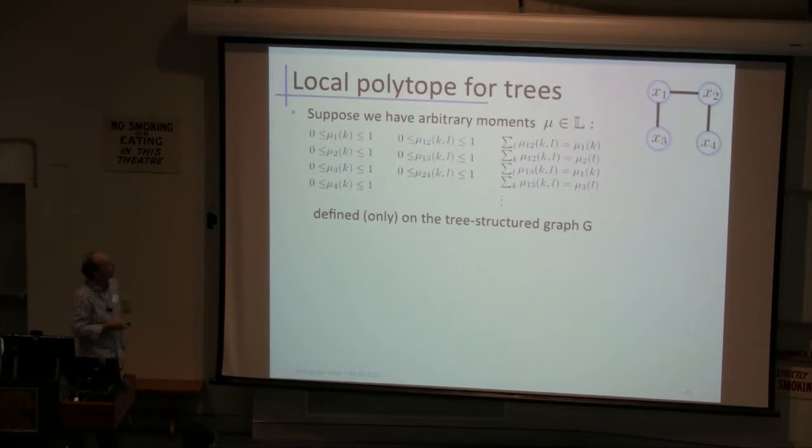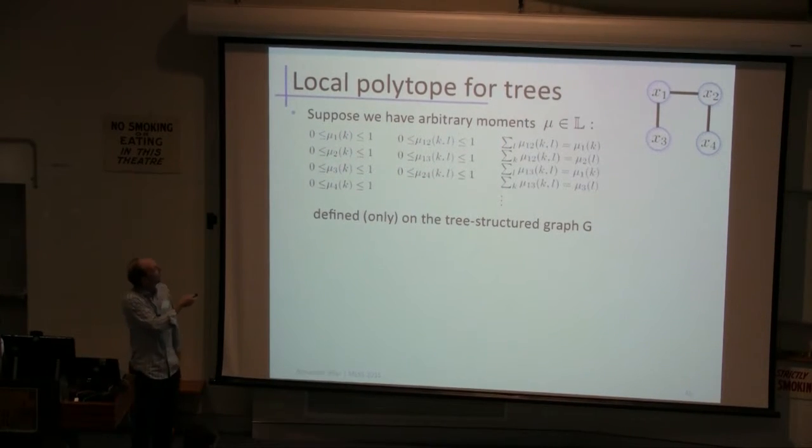So suppose I have some arbitrary probabilities within this local polytope, where I'm specifying them only on the edges of a tree-structured graph. So here I have marginal probabilities for X1, X2, X3, and so on. I have marginal probabilities for the pairs X1, X2, X1, X3, and X1, X4.